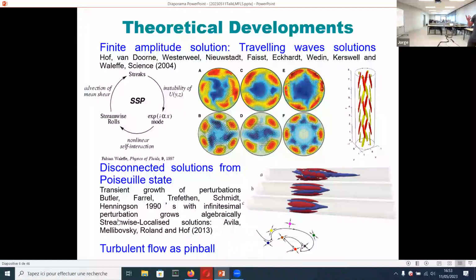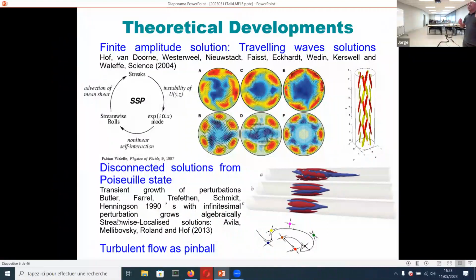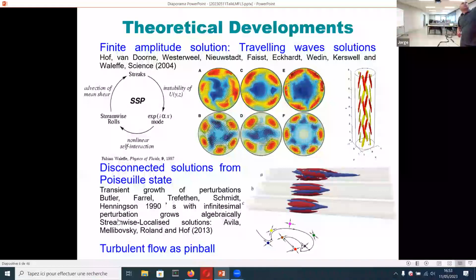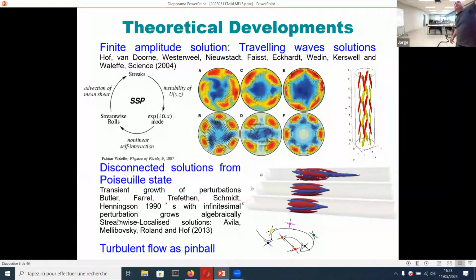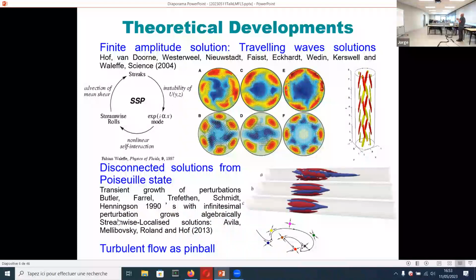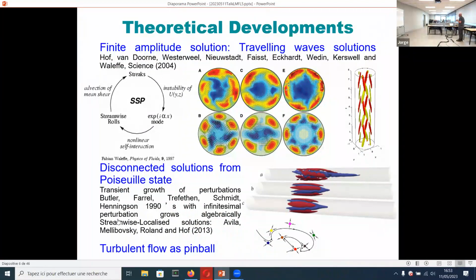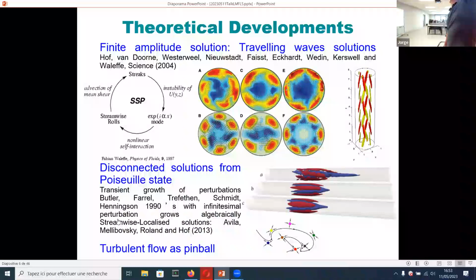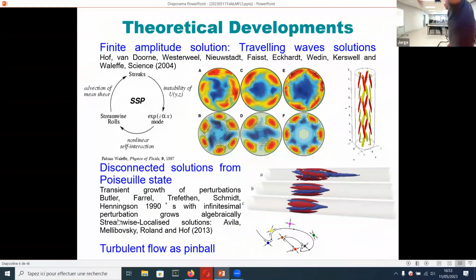They were not realistic because they were not observed, but along came some experimentalists, Björn Hof, Jerry Westerweel, and some others. They took the movie of the puff that I showed you before. They did a high resolution, high speed PIV of that time, and they compared the slices of the PIV data shown here in A, C, E to periodic calculated solutions B, D, F. These are velocity maps.